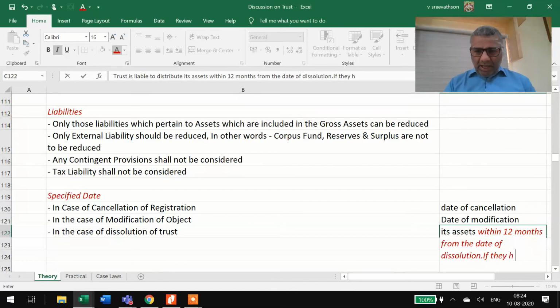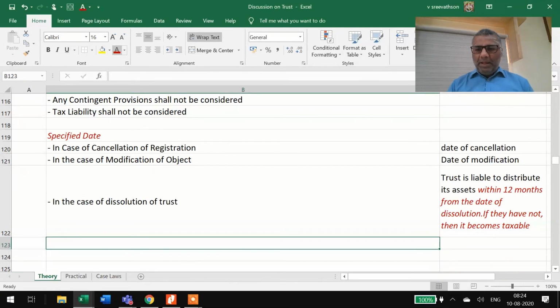If they have not, then it becomes taxable. Okay. I will give you 12 months. Within 12 months, distribute. Otherwise, I will tax it at the end of 12 months. So specified date will be the end of 12 months.